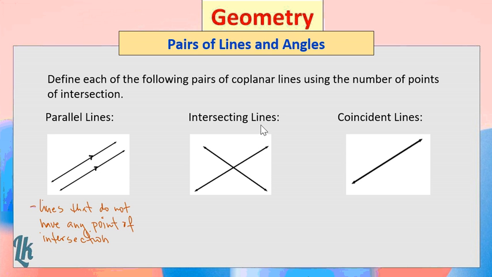When two lines are intersecting, they have one point of intersection.